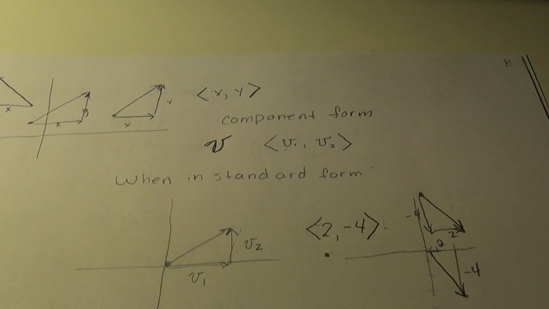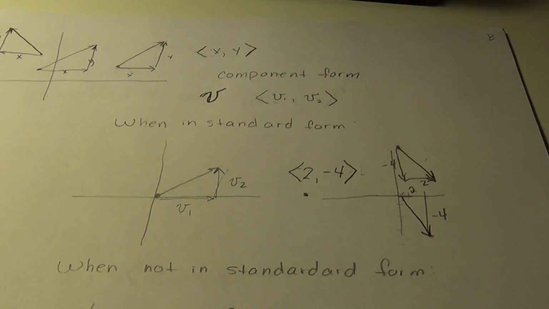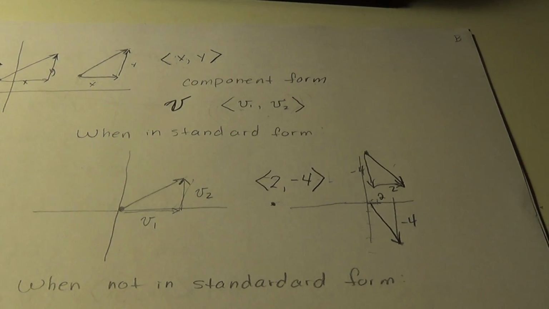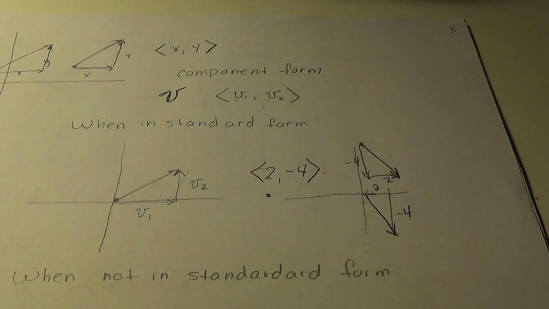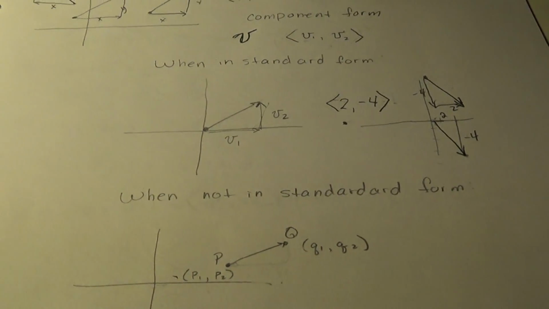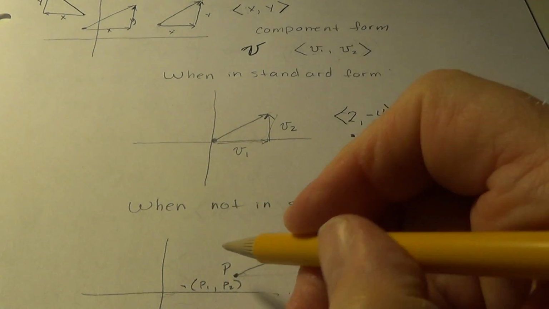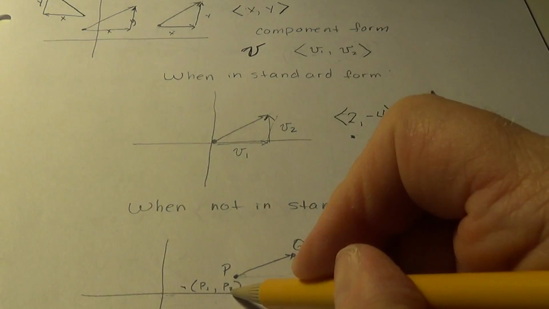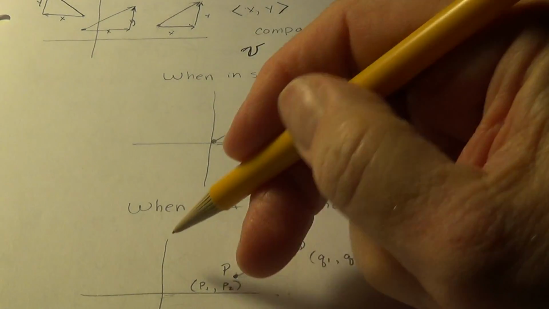All right, so when it's not in standard form, we're going to give you a little formula which should make sense. So I'll start with setting up the problem. Suppose I have a vector PQ. It starts here. The initial point is P1, comma P2. So that's where it starts on the coordinate plane.